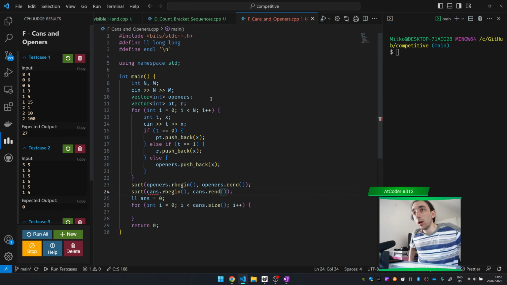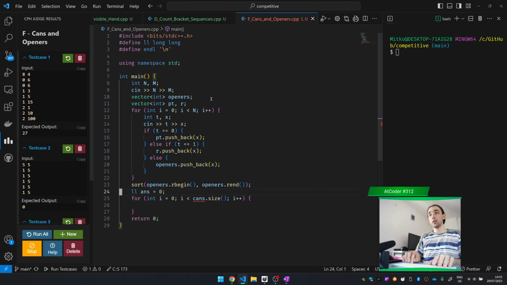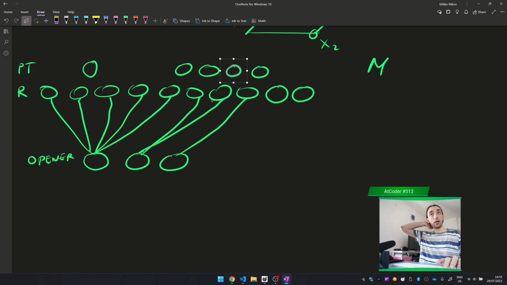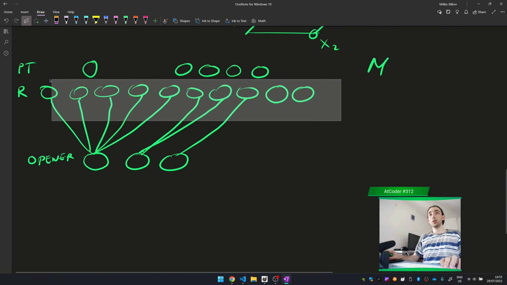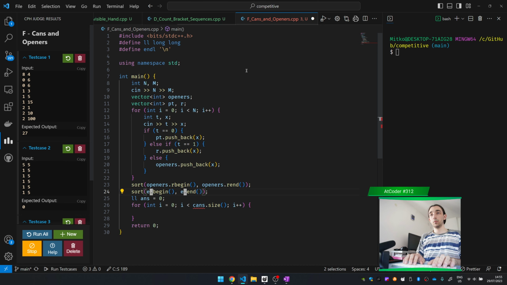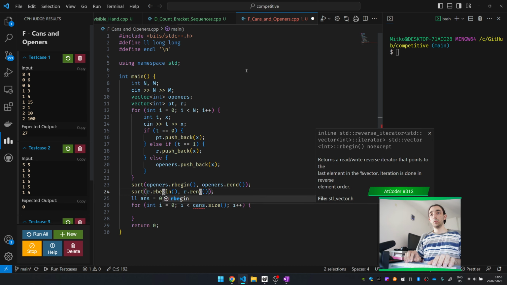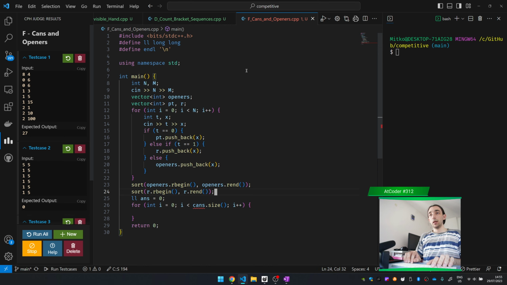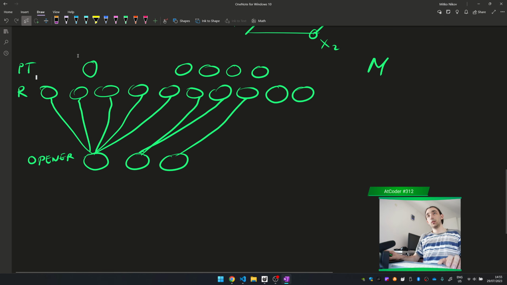So what I can do is, okay, I need to sort the openers in decreasing order. I need to sort these in decreasing order, regular cans. And then I sort the PT cans in decreasing order.